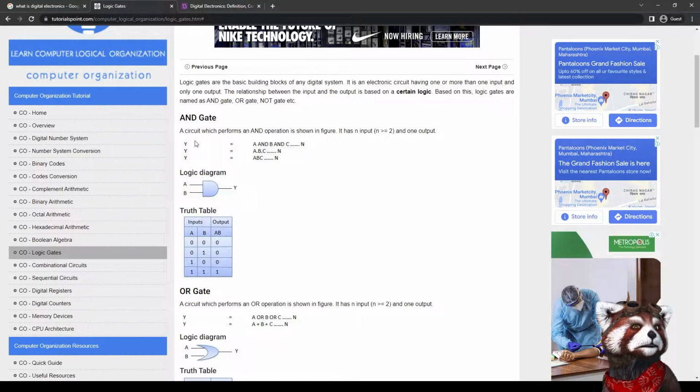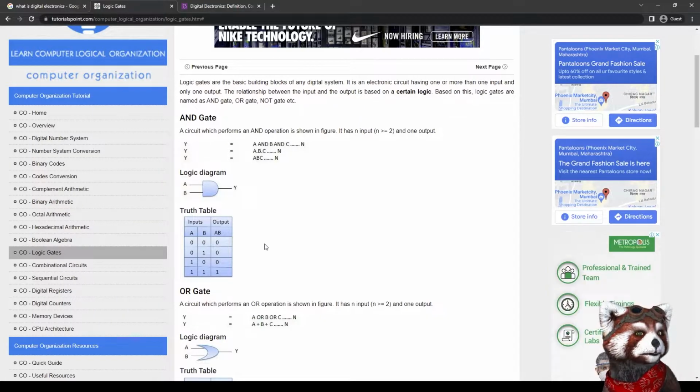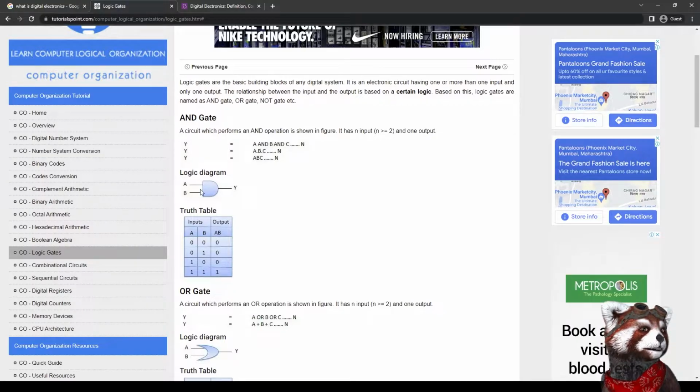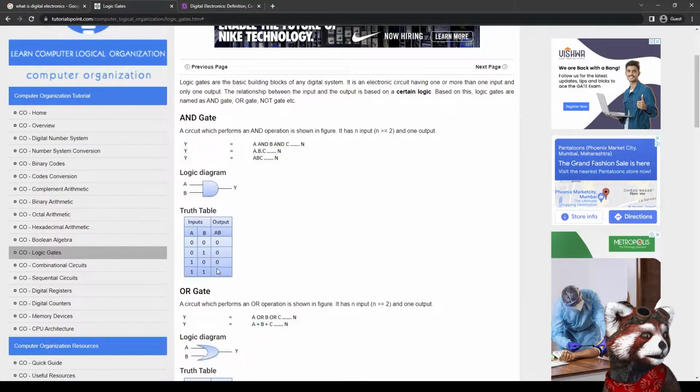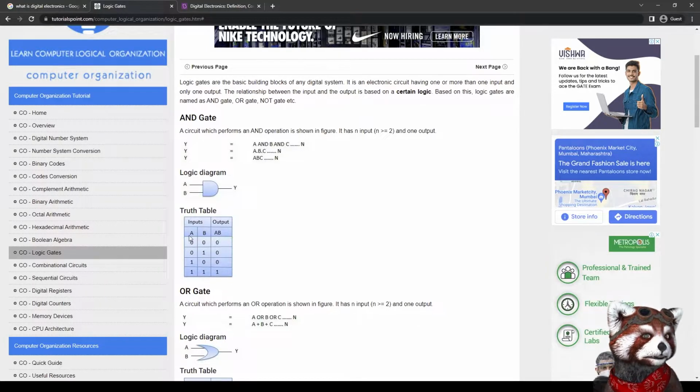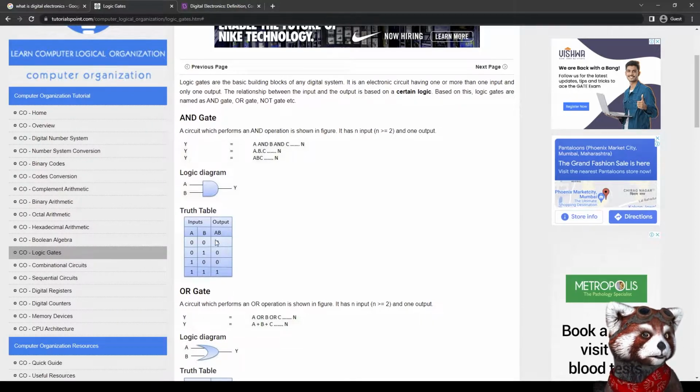I'll just tell you that in the experimentation we will be using logic gates and the truth table. So our main aim is to use the input table to prove it is giving you the output as shown on the table.